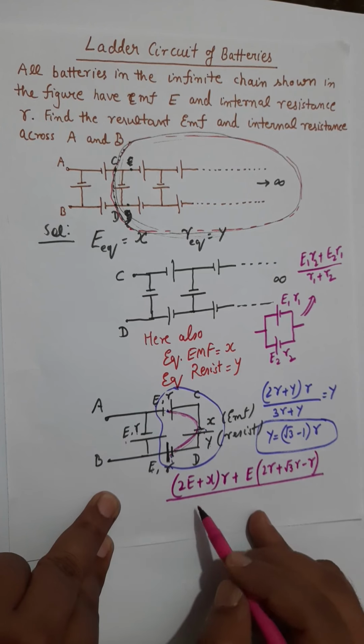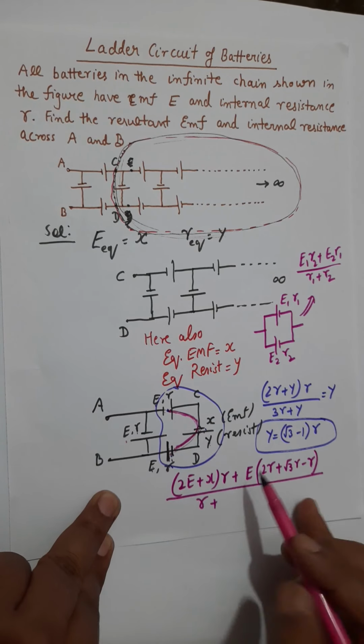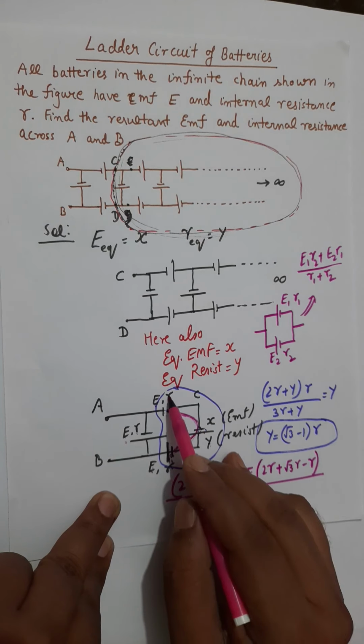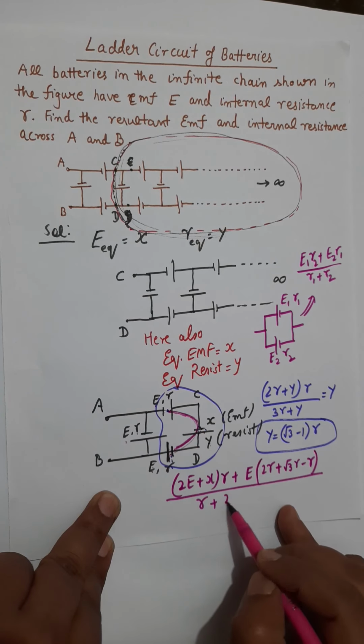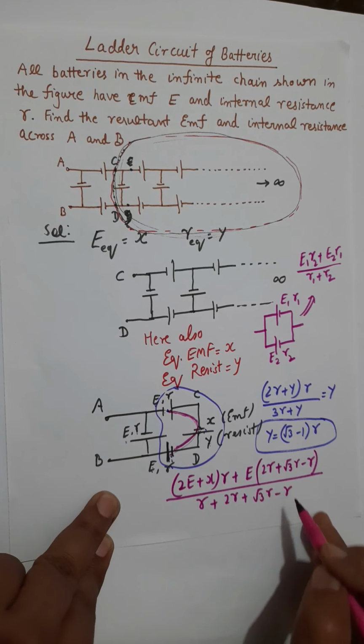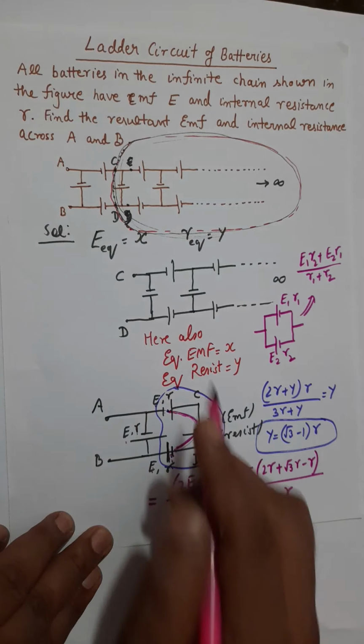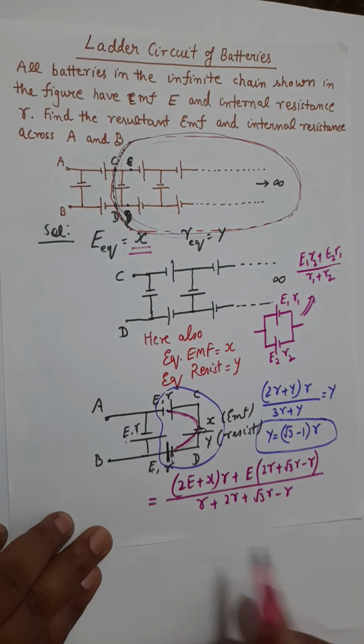So R1 is R, and R2 is the resistance of this group, which is again 2R plus Y, which is root 3R minus R. And this total EMF should be equal to this value X.